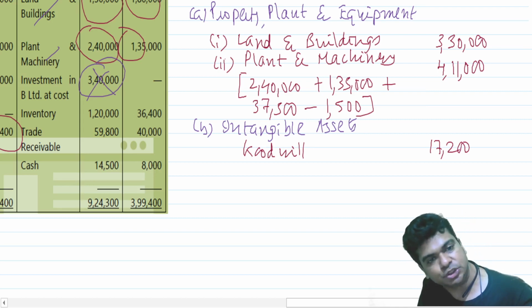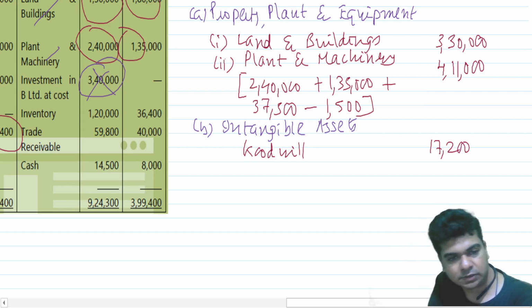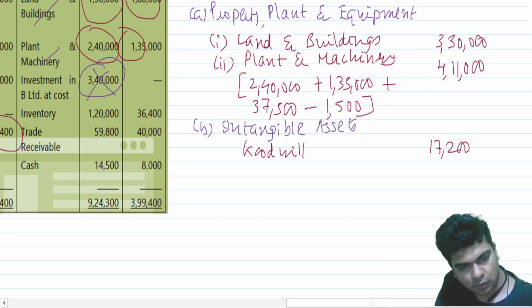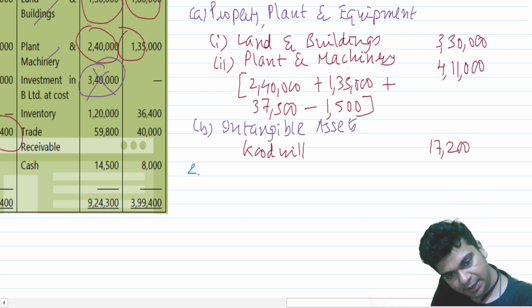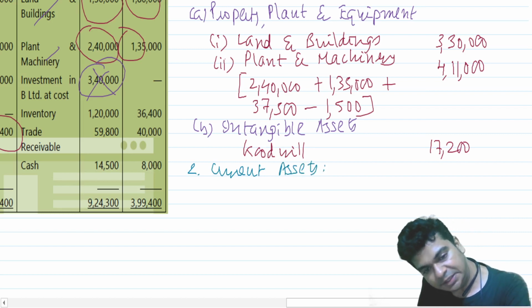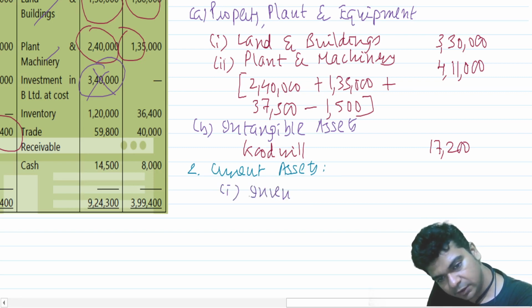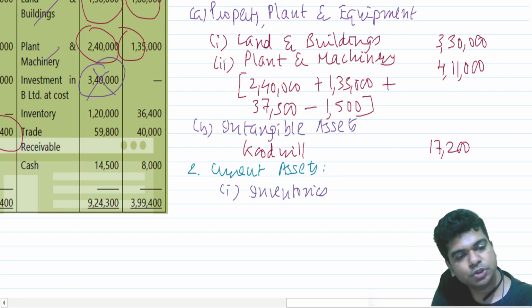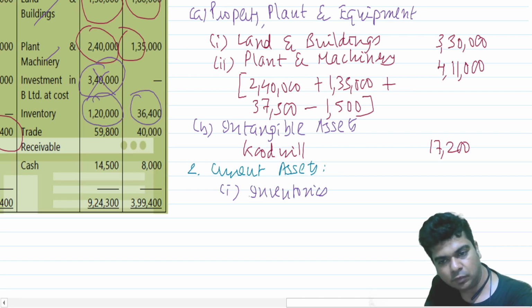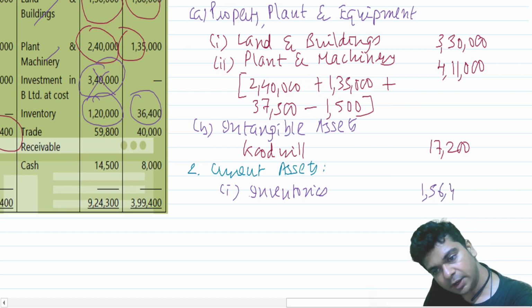Right, so that takes us to the current assets. The second head, current assets. No adjustment is there over here. So I say here, inventories, please do line by line addition, 156,400.